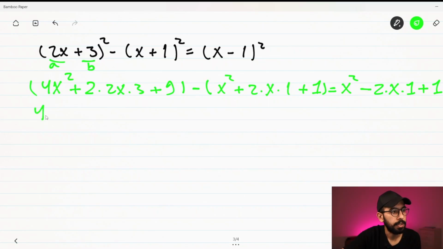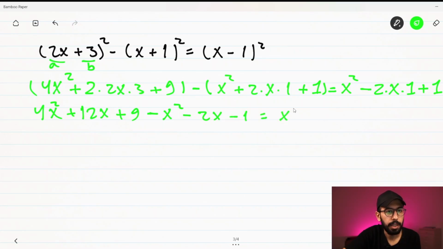The result will be 4x squared plus 2 multiplied by 2x is 4x, by 3, it is 12x, plus 9 minus x squared minus x minus 1 equals x squared minus 2x plus 1.